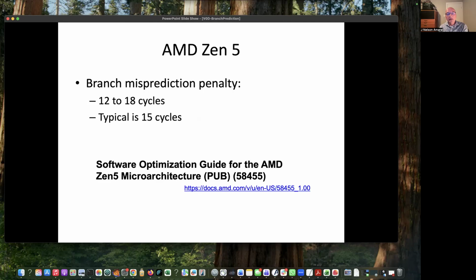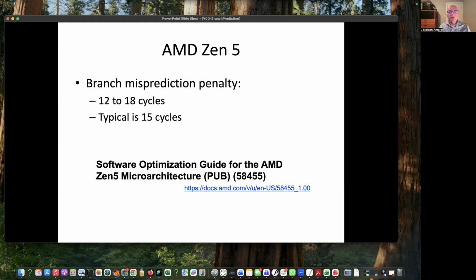If we look at the more recent AMD Zen 5 architecture, it does not make sense to talk about the total number of stages in the pipeline anymore because of the way that these architectures are designed. But the optimization guide for the AMD Zen 5 architecture states that the branch misprediction penalty can be between 12 and 18 cycles, and the typical is 15 cycles.